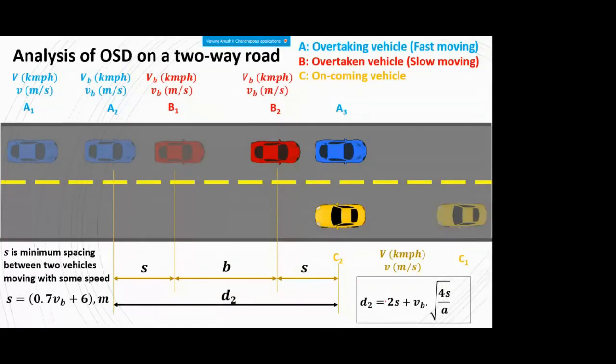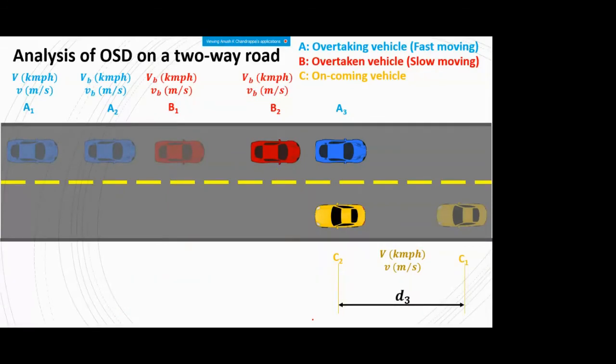So now we have found out a formula for D1, D2. Now remains is D3. If you have understood till now what is actually overtaking and how it takes place, you can write the formula for D3 yourself also.